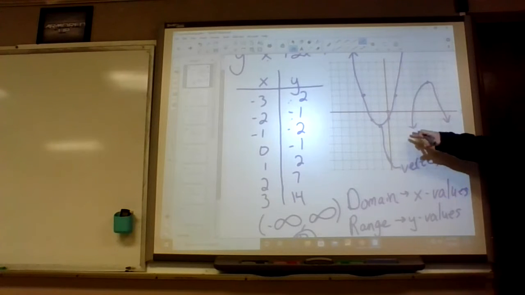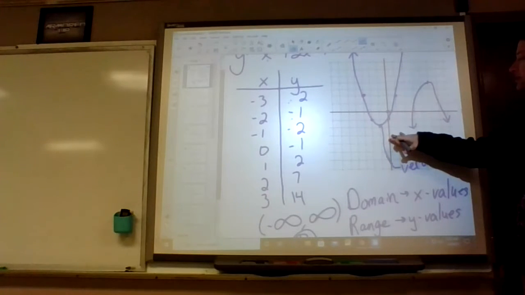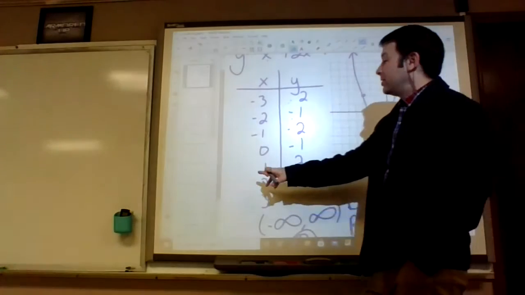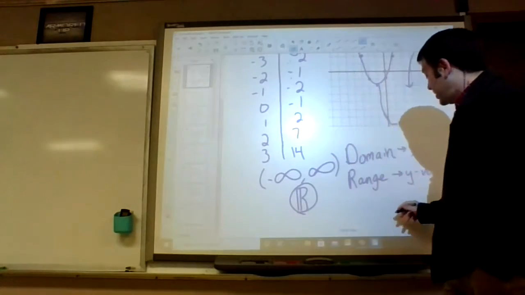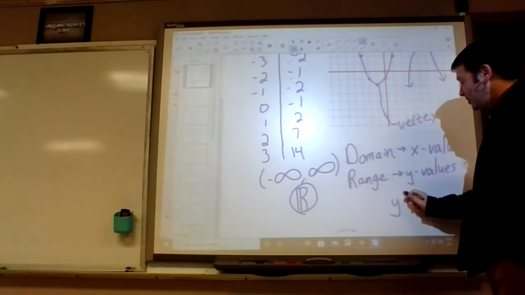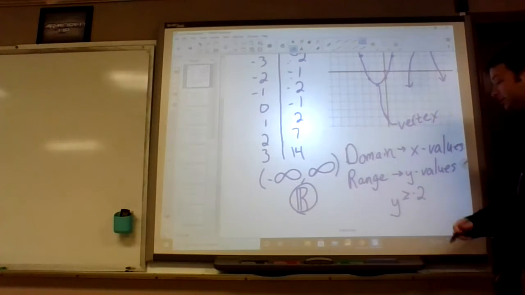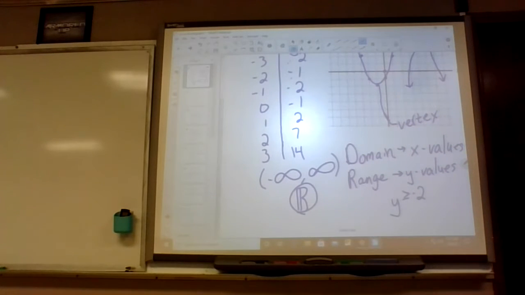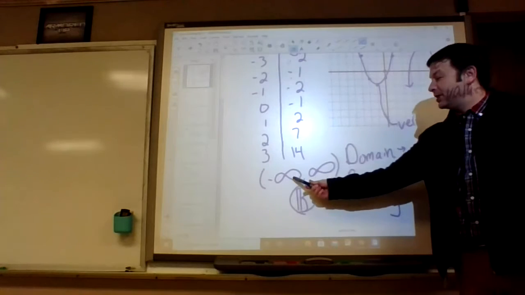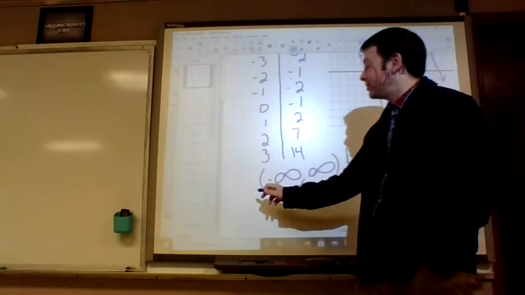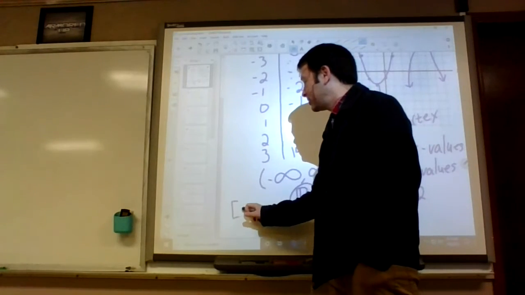What are the possible y values we can get out of this? Well, what's the smallest y value we can get? -2. Nothing below -2. So the range would be y is anything greater than or equal to -2. If you're using the limit method, which we're not going to be using, it will look like this.